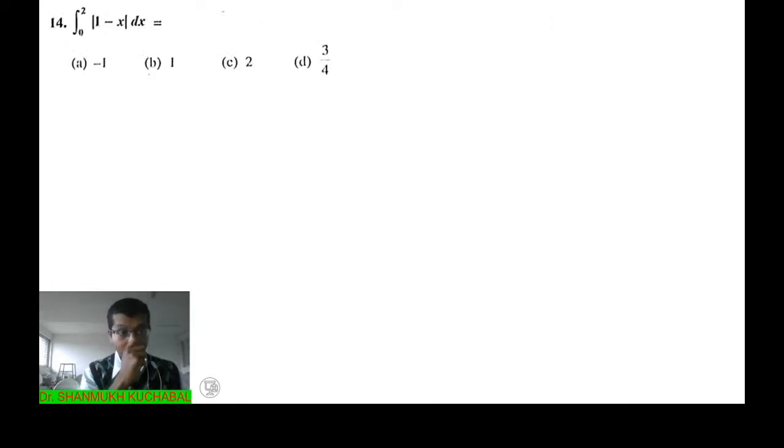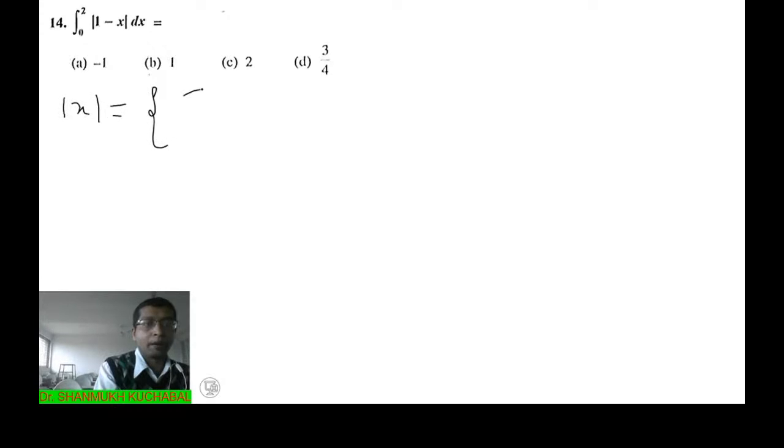Okay, we will move to our next example. Integration from 0 to 2 of mod of 1 minus x dx. Mod means we have two values. For the modulus of a function, we have two values: when it is positive and when it is negative. Here the given interval is 0 to 2.